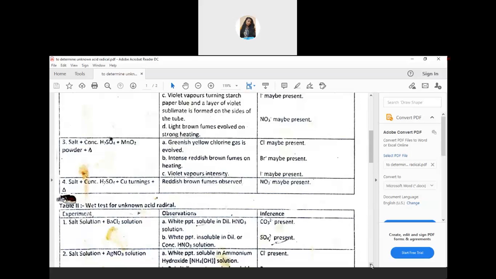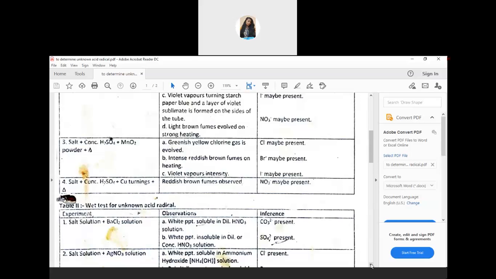After heating, three observations you can observe. First of all, a greenish yellow gas can be seen. If you see the greenish yellow gas coming out from the test tube, that means chloride may be present.